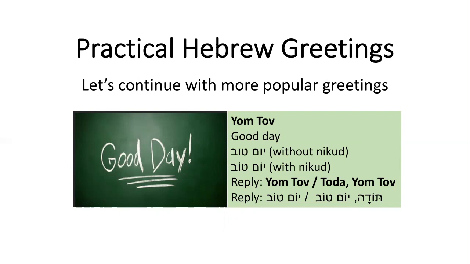And the other person will tell me Yom Tov back, or they'll tell me Toda, Yom Tov. So you can say Yom Tov back, you can say Toda, and you can say Toda, Yom Tov. So you have actually three options in here. All three are fine. You can use any of them.